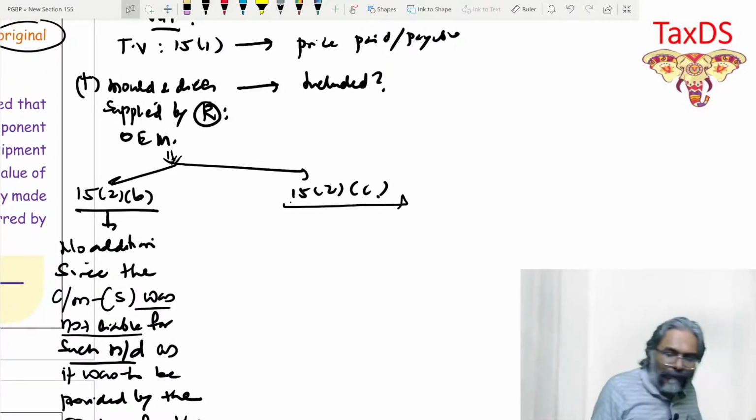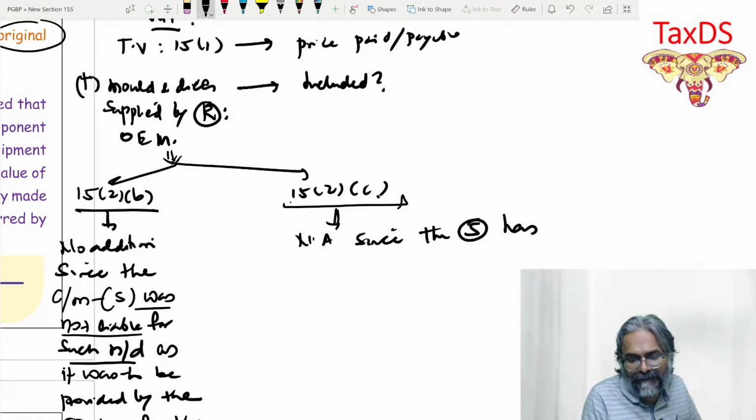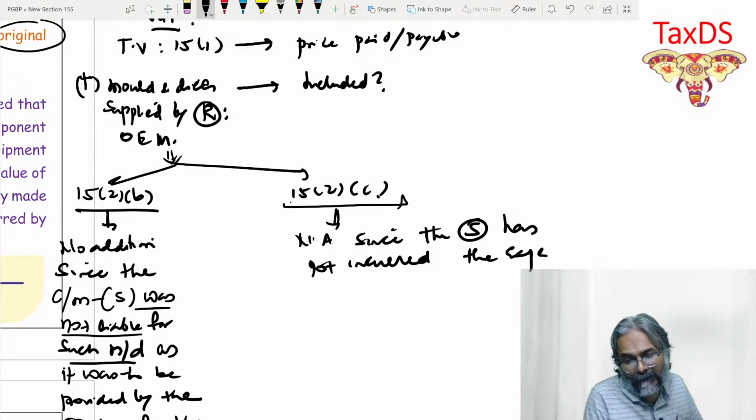So in that case also, students, 15.2c is not applicable, since the supplier has not incurred the expenditure on molds and dies.